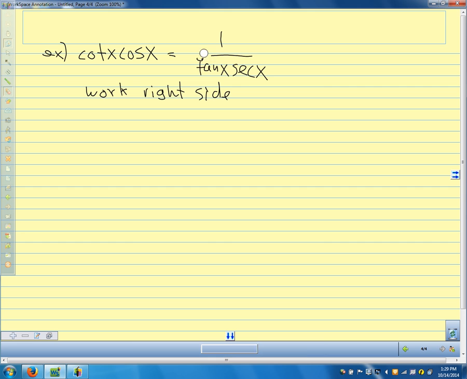We want to show that cotangent squared x cosine x equals cosecant x minus sine x. So we still want to work the right side. I think the subtraction is a little more complicated than the multiplication. So what do I want to do here with the right side to start working on this?